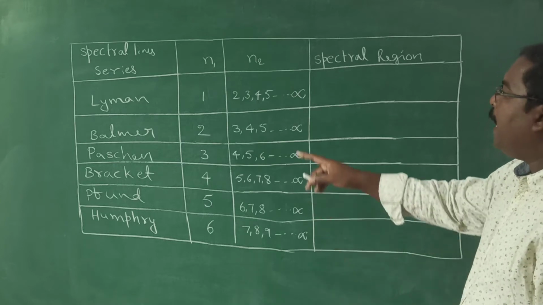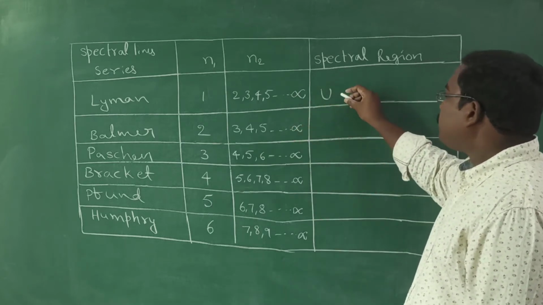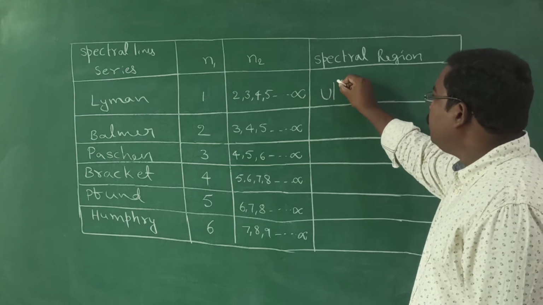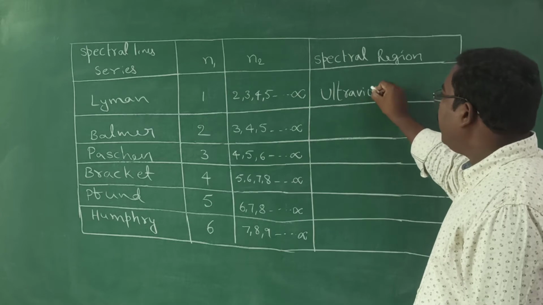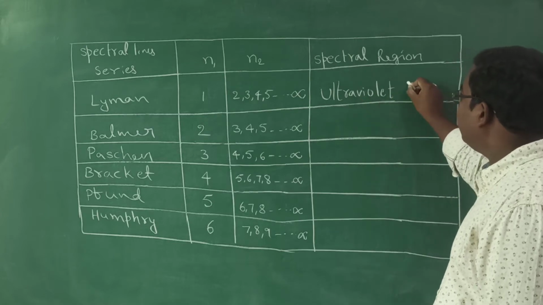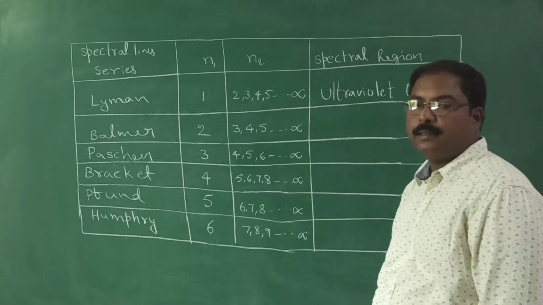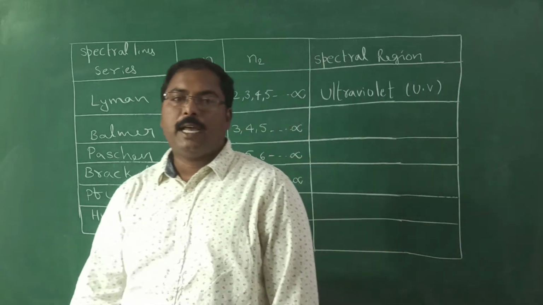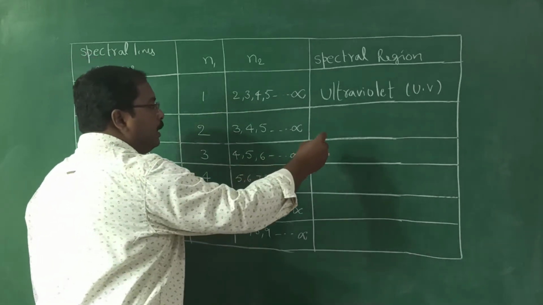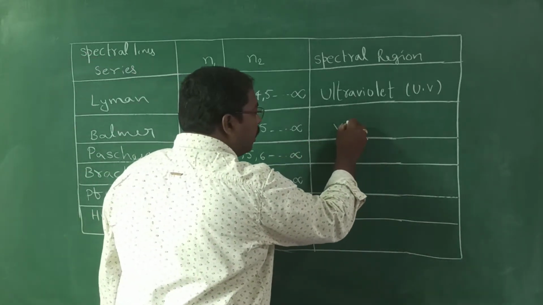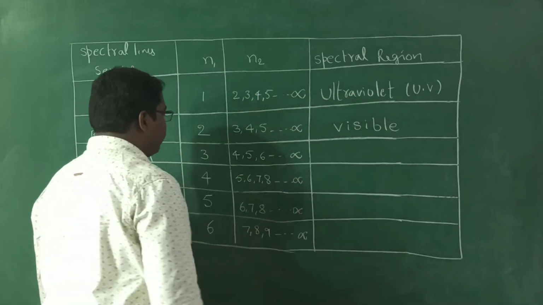Now coming to the regions where these are available. Lyman series of spectral lines are observed in the UV region. UV means ultraviolet region. Balmer series of lines are present in the visible region.